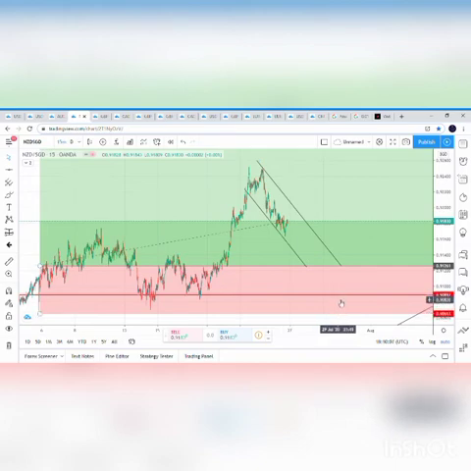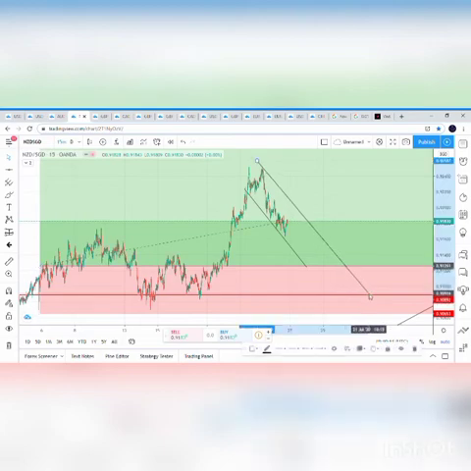Let's say it keeps ranging within this zone and has not broken out, then obviously we shouldn't enter the trade, even if it later breaks out, because this is our zone.